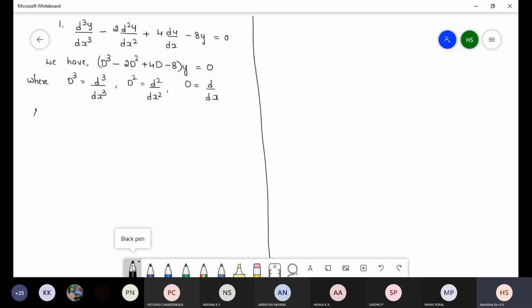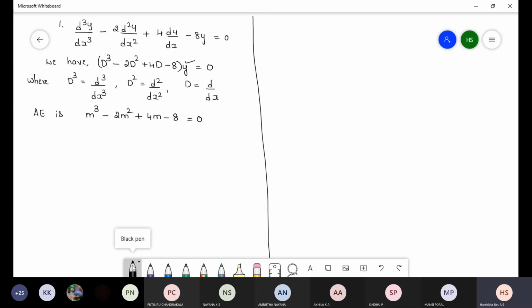Next, the auxiliary equation we have to write. Auxiliary equation means in this equation wherever d is there, there we have to write m, because f of m is equal to 0. So here I write m cube minus 2m square plus 4m minus 8 is equal to 0. Now, factorization.